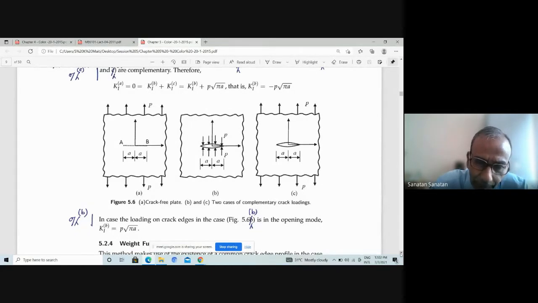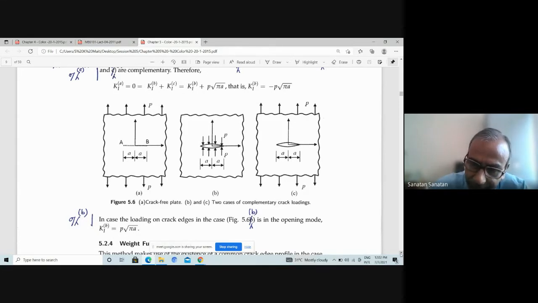In this case there is no crack, and therefore there is no SIF. So if you consider a span A to B, both at A and B the SIF is 0. And I can consider that to be a superposition.